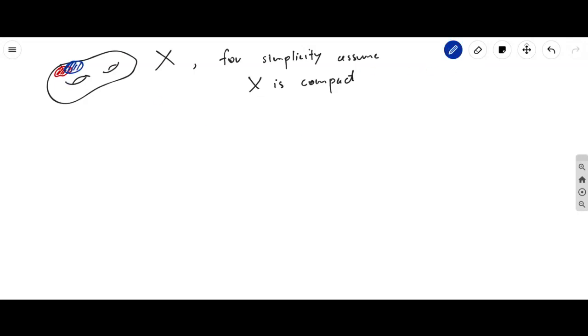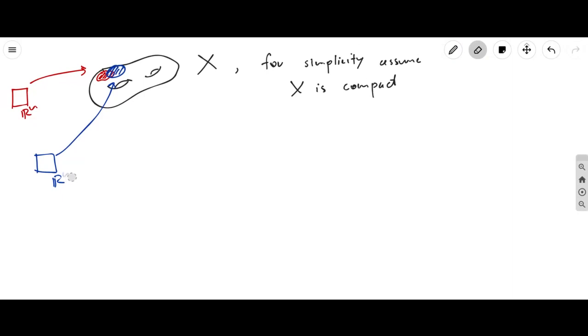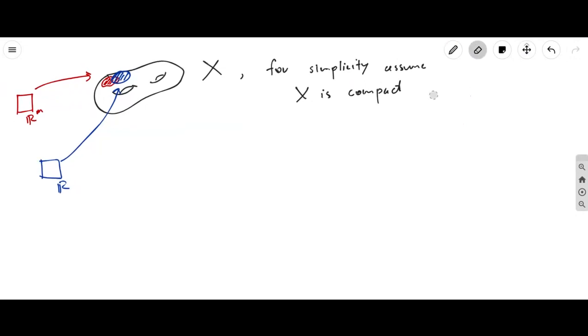Because it's a manifold, there's a homeomorphism with R^n, and then another homeomorphism with R^n, and so forth. So you cover your manifold by these charts, and all of these charts are homeomorphic to R^n, where n is the dimension of the manifold. Actually, maybe I should not call it R^n because we're using n for the cohomology, so maybe call it R^m, where m is the dimension of the manifold.